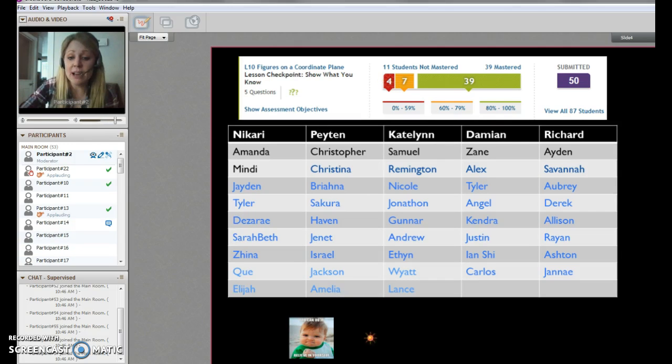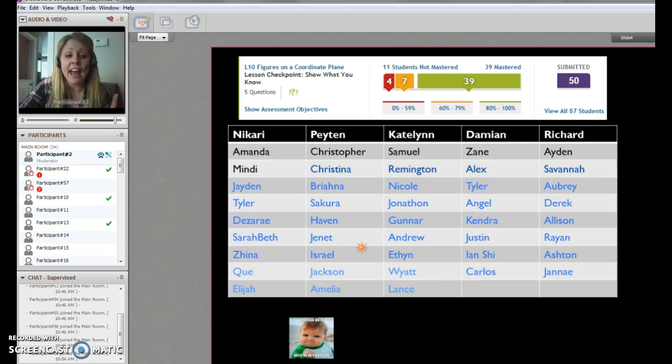These students still need to master it, and you can do it. This little guy is like, you got this. You've got this. And kids, I always use pictures of kids because they're way cuter than adults, but yes, come on guys, you got this. You just got to take those checkpoints. If you don't master it the first time, try again. I have light bulb moments in class where students are like, oh, light bulb, I get it now.